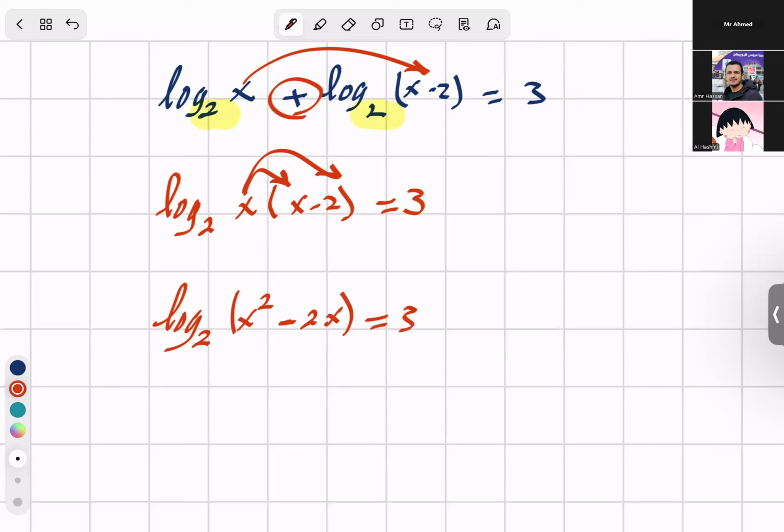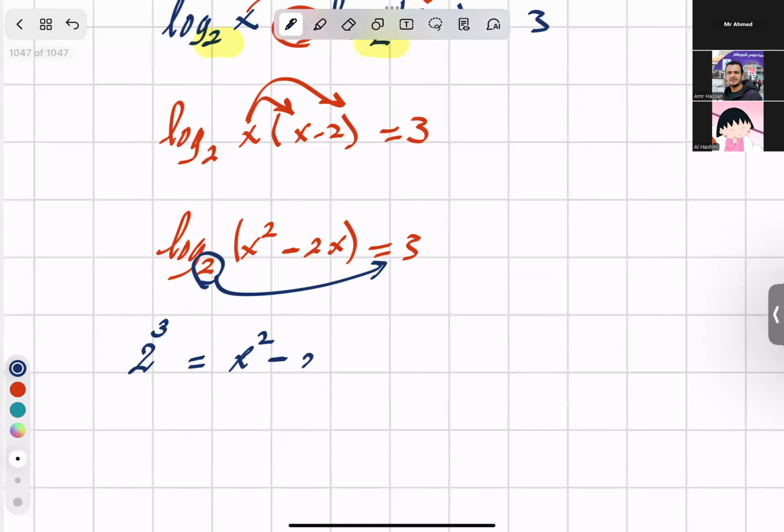Right now, it's time for turning it from a logarithm equation into an exponential equation because it helps us get the answer, right? So it's going to be 2 to the power of 3 equals x squared minus 2x. 2 to the power of 3 is 8.